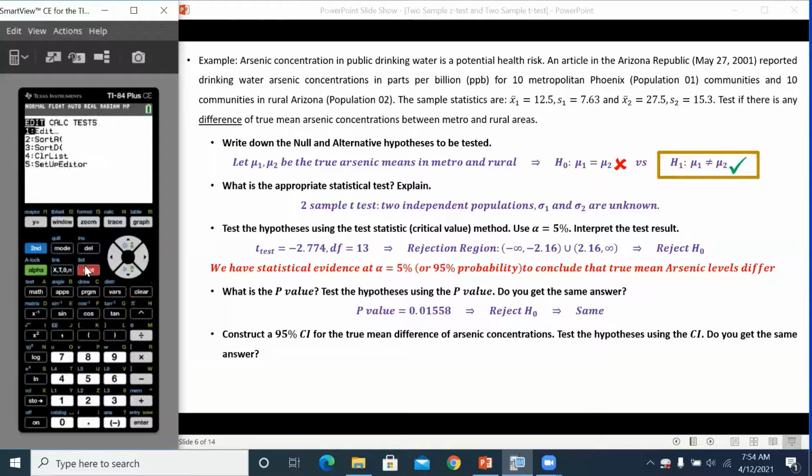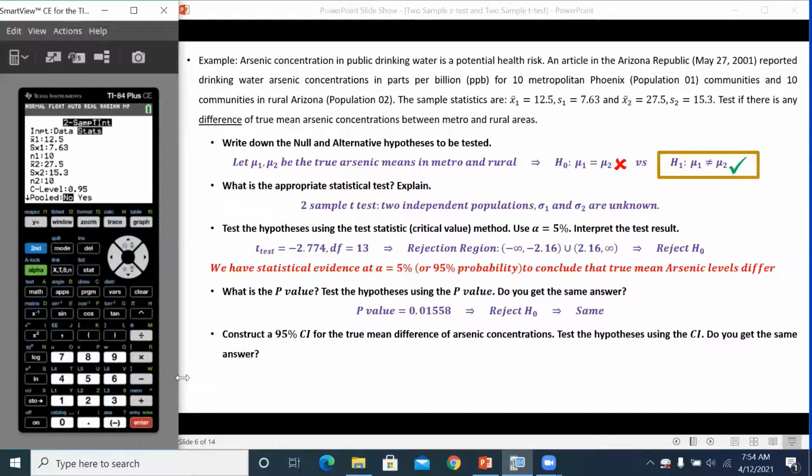We have to go to Stat, select Tests, and then you have to go down and select two-sample T interval, which is number 0. Select that and then hit Enter. Input method is statistics. Select Stats and then hit Enter.